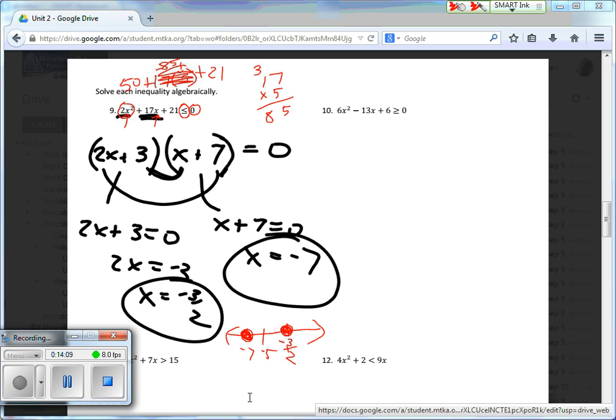Negative numbers are less than 0, so it worked. So it works in here, which means 99 times out of 100, but not all of the times, it won't work here and it won't work there. So the final answer is between negative 7 bracket and negative 3 halves bracket.